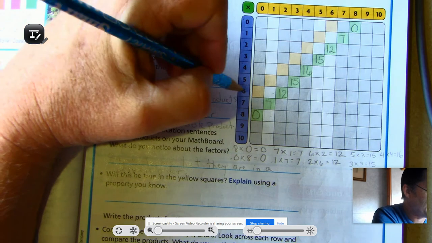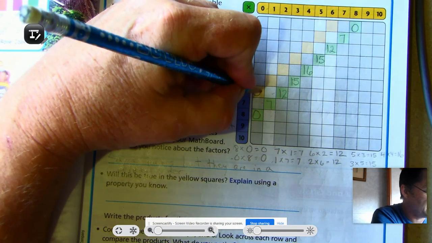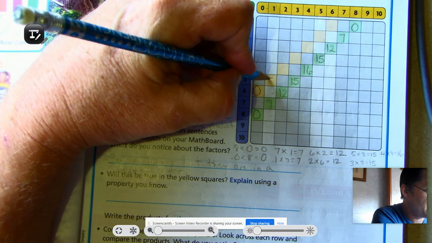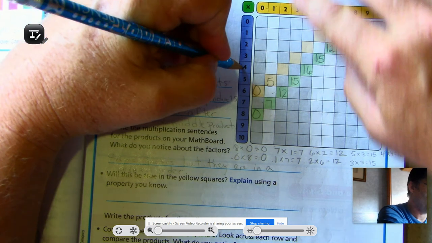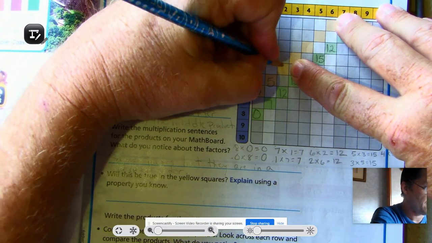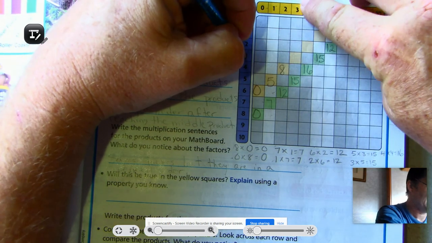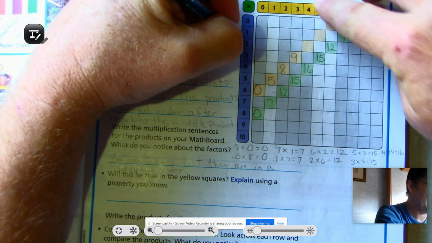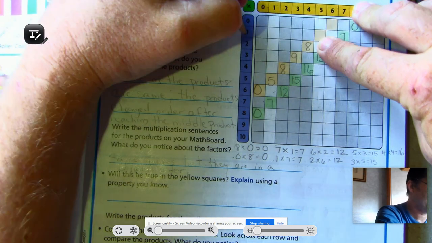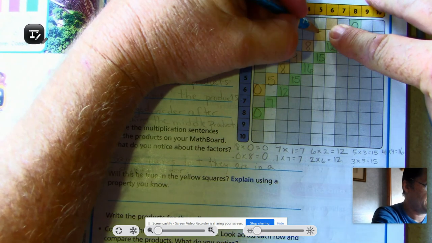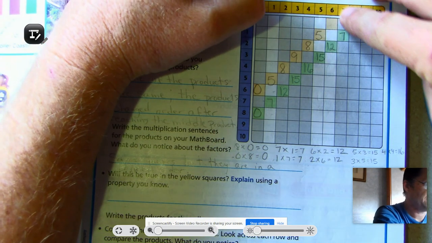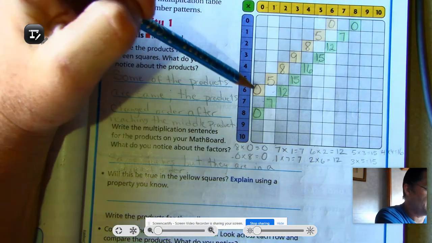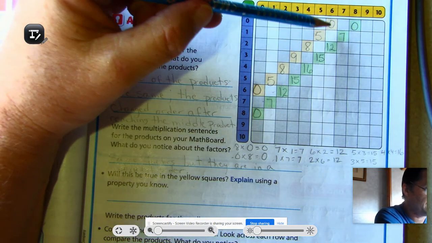So let's just see. 6 times 0, 0. 5 times 1, 5. 4 times 2, 8. 3 times 3, 9. 2 times 4, 8. 1 times 5, 5. And 0 times 6, 0. So I do see the same pattern.